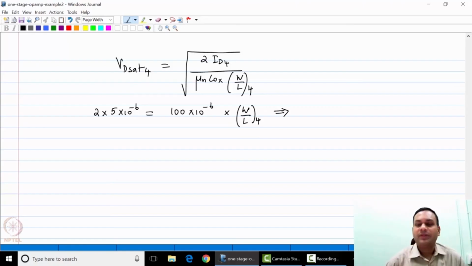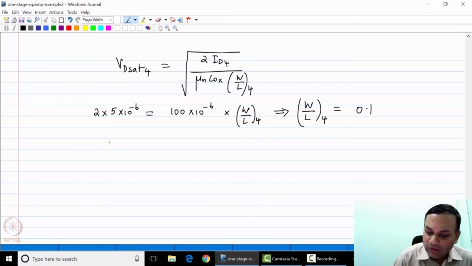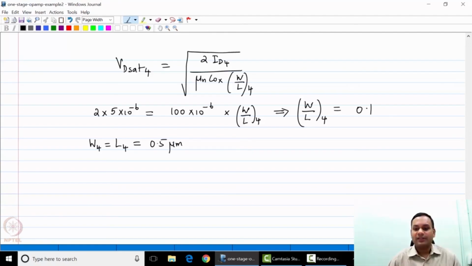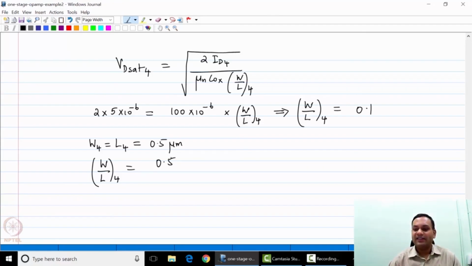Now as you can see, W over L of 4 needs to be 0.1, but clearly a width which is smaller than the length is normally not possible, and therefore we will say that W4 is equal to L4 is equal to 0.5 micrometers. So we will say that this value is 1, in which case VDSAT is even lower than required.